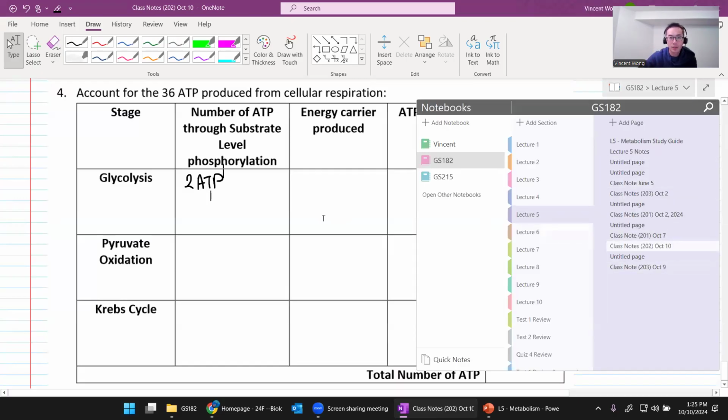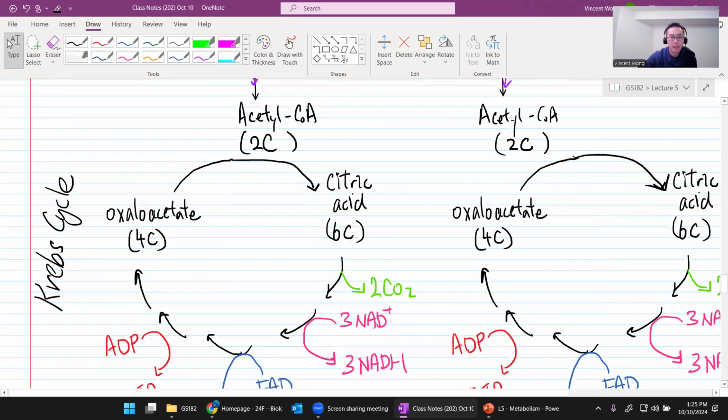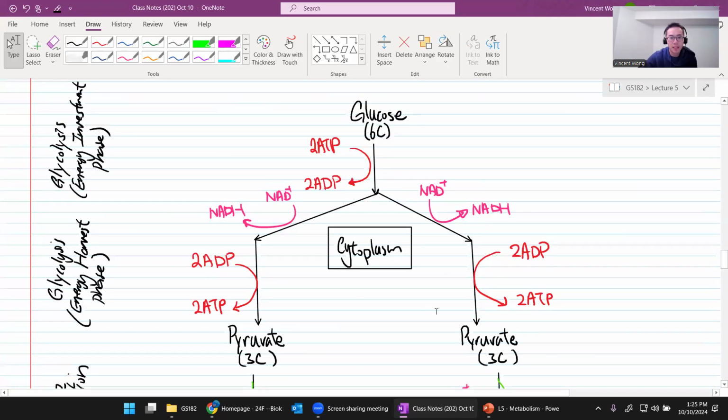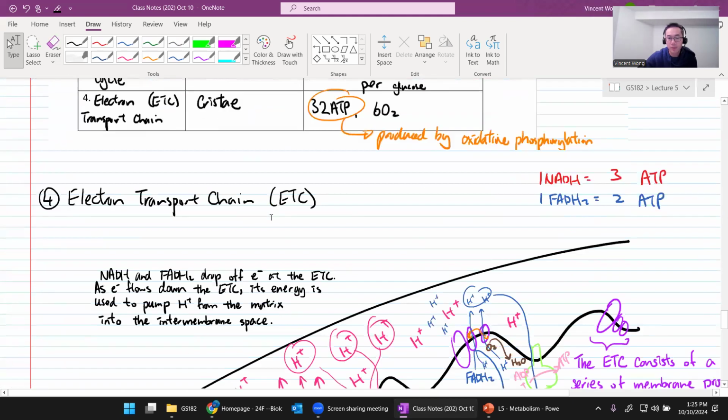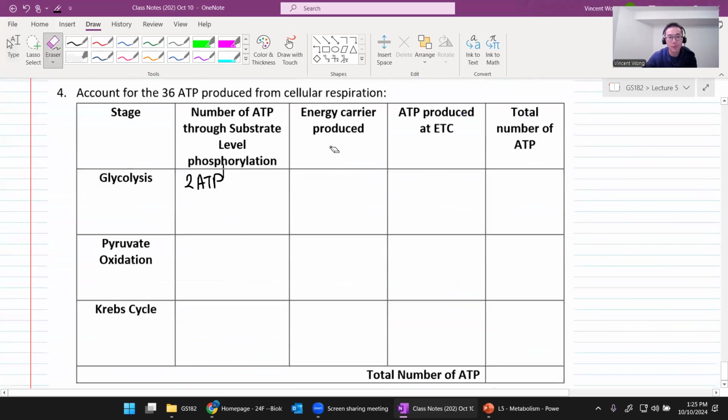Let's take a closer look here. I guess we can just scroll up. That's the glucose, and we split it into the pyruvate, and there is the energy carrier, NADH. Just 2, right, guys? Yeah, just 2. So, like I said, if you have trouble memorizing these numbers, which is totally understandable, please have a help sheet next to you when you do the test. So that's going to be 2 NADH.